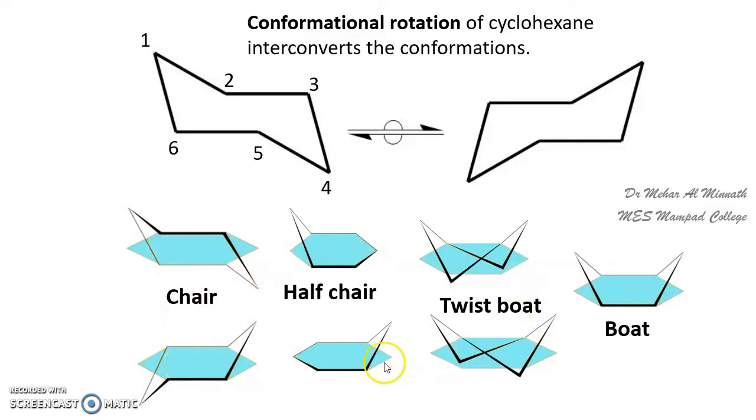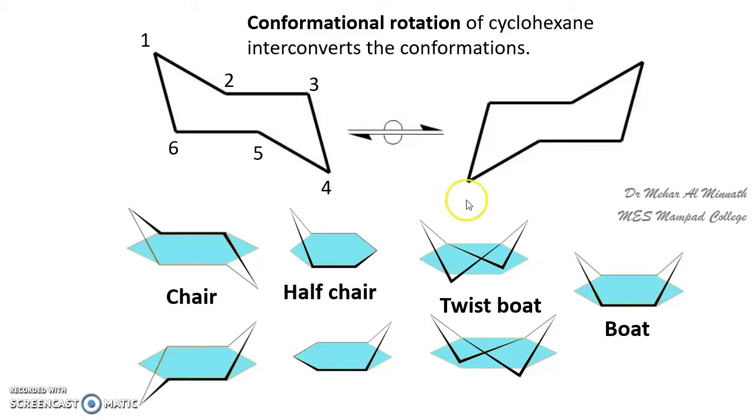So it happens like this. It passes through all these conformations: half chair, twist boat, again twist boat, again half chair, and then finally the chair conformation. What we must remember is that it has to pass through these conformations for flipping. Carbon 1 and carbon 4 do not change planes simultaneously.